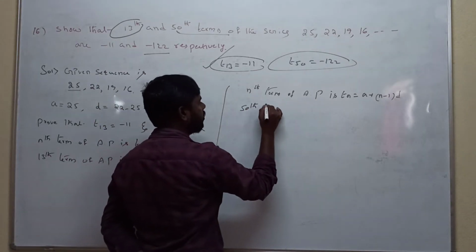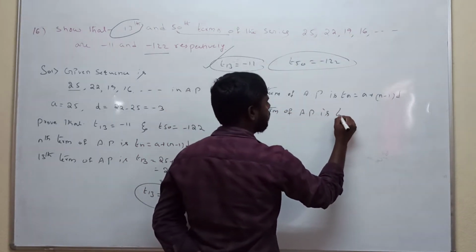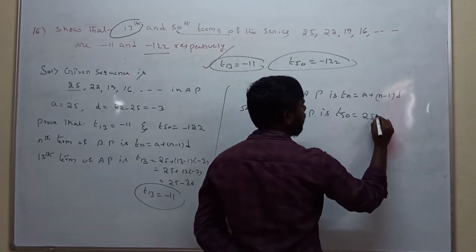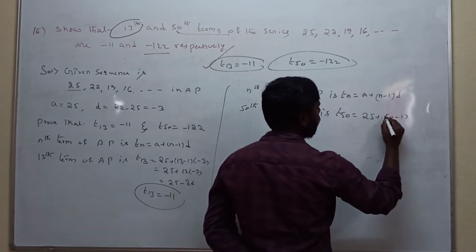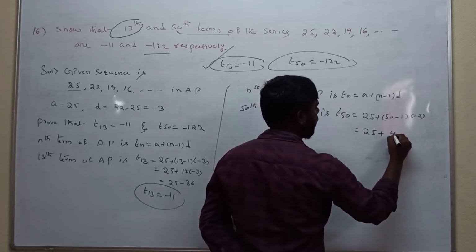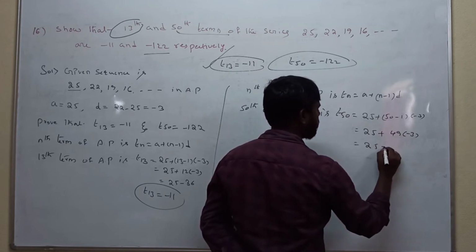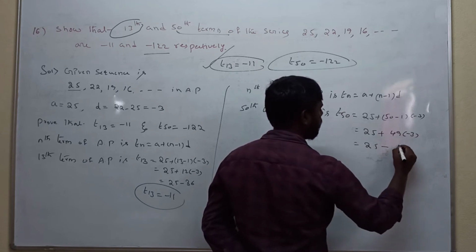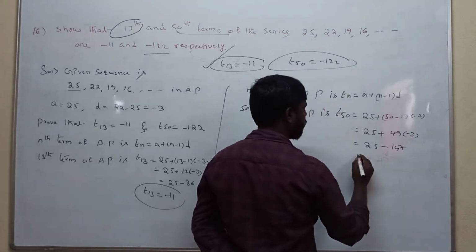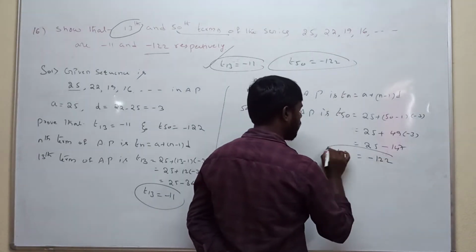The a value is 25, n value is 15, minus 1, into d value minus 3. 15 minus 1 is 14, and 14 into 3 is 42. So 25 minus 42 gives minus 17. Finally we got the answer.